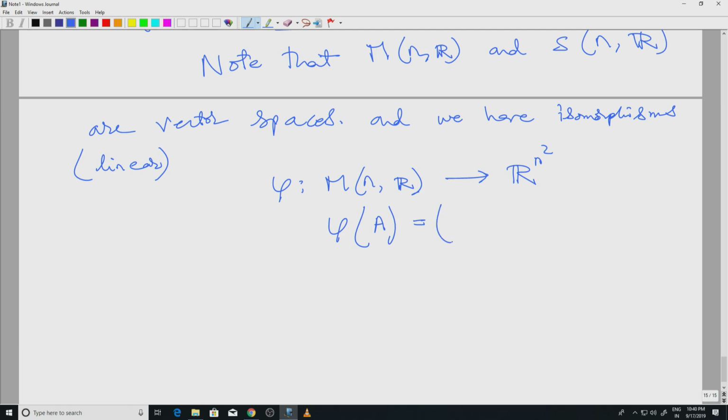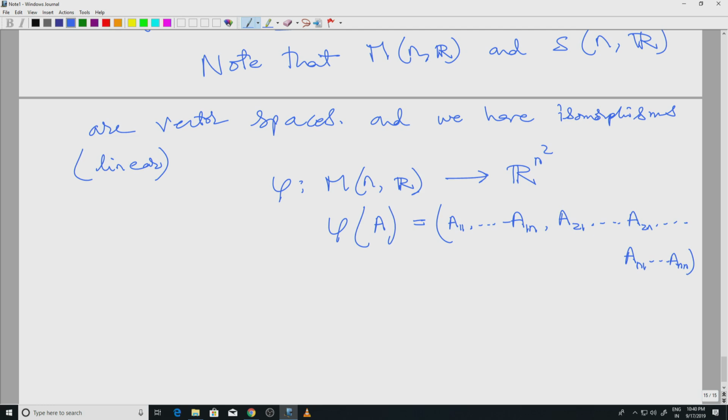Well, I just put the rows of A side by side: A11 through A1n, then I start with A21 through A2n, and so it goes on till I have the last row, An1 through Ann.